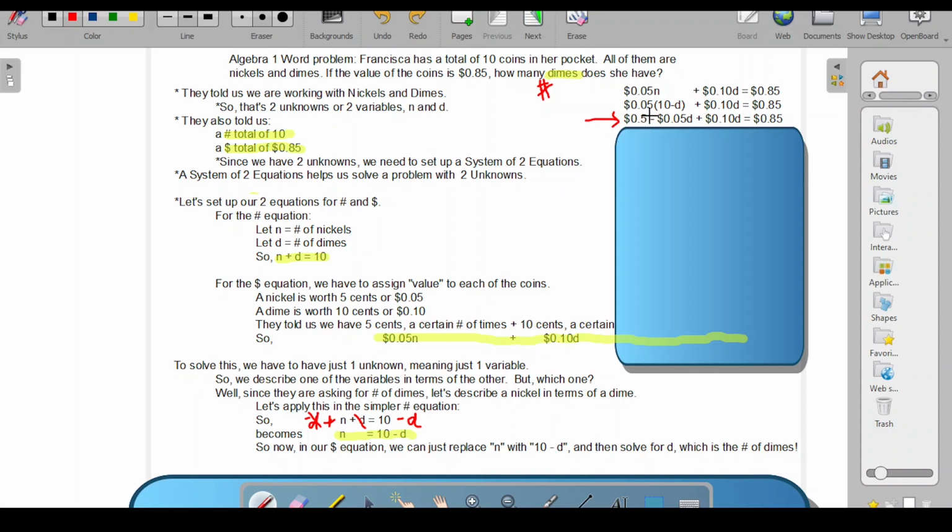But remember, there's an imaginary zero after that. So now it looks like 50 cents. Don't forget about that, because when we start combining like terms, this isn't 0.05 anymore. It's 0.50. And then there's our minus sign there. I kind of hid the minus sign.